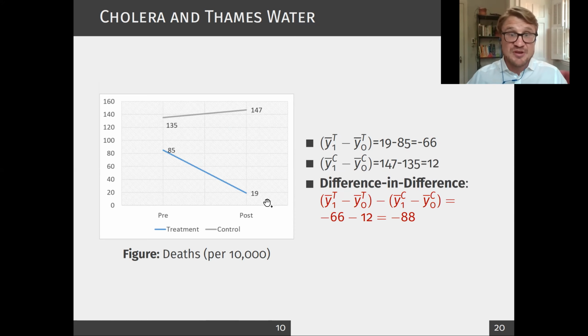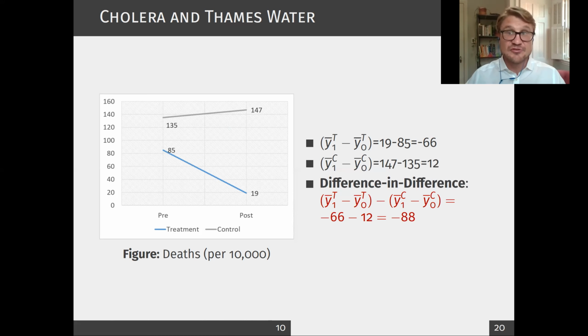The treatment effect is actually more than minus 66, because the control group saw an increase in mortality rate. So the counterfactual is that there would have been an increase in the treated group from 85 to 97 if they did not move their water source upstream.